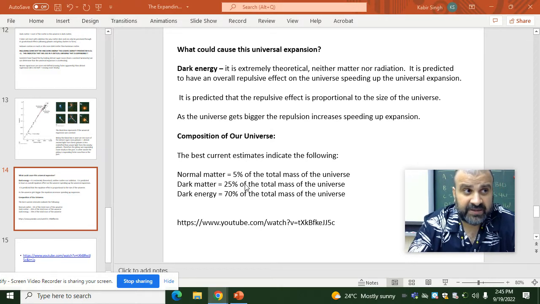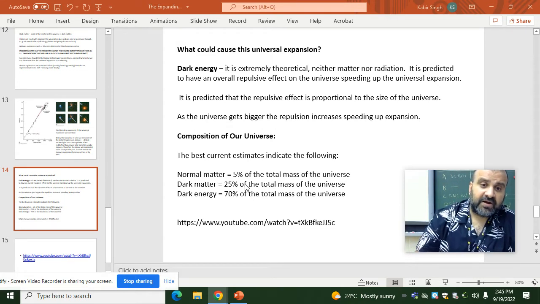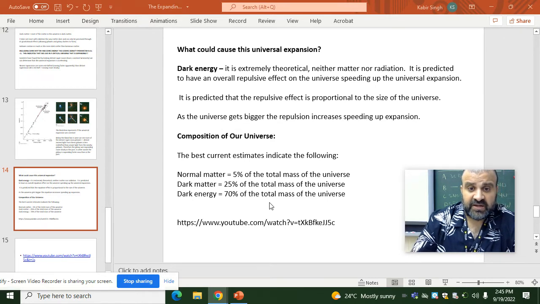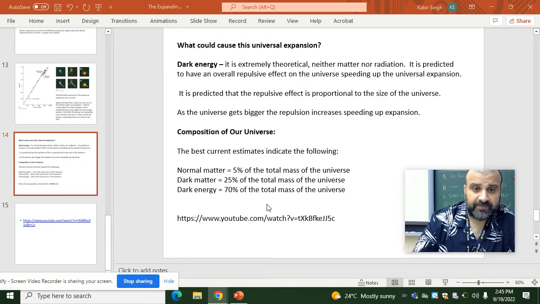And dark matter we can't see. It doesn't interact with energy the way we know other matter does. We just have data that indicates it has some gravitational effect and that it's out there, but we can't see it or interact with it. And then we've got dark energy, which we think is 70% of the total mass of the universe, and we don't know what that does. Right? We just don't know.